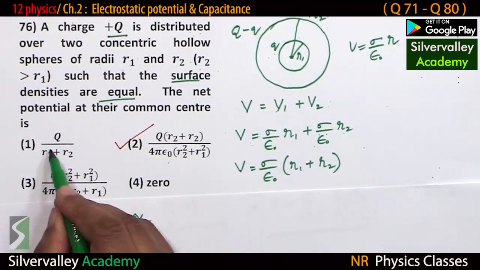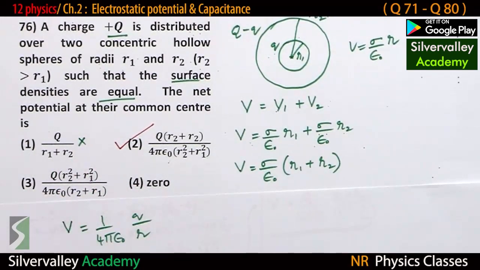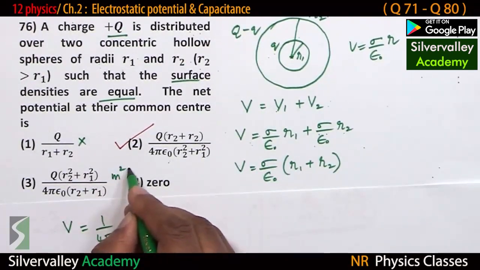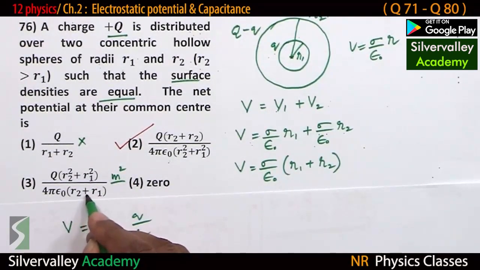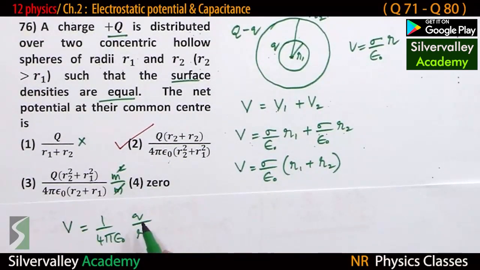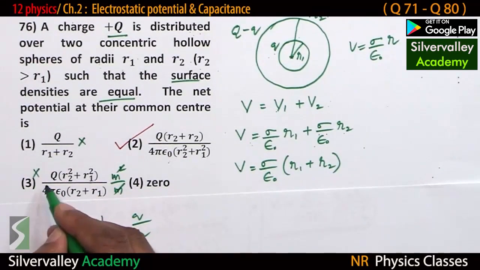This constant is missing in the first option, therefore this is not the answer. Constant is there, charge is also there. The numerator has r square, meter square. The denominator is meter plus meter, which is meter. What we want is charge by meter. But here it is charge into meter. So this is not correct.